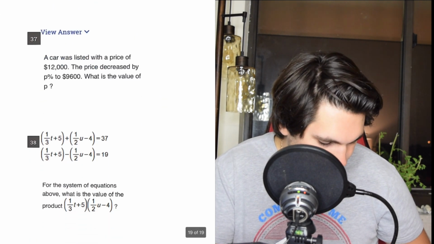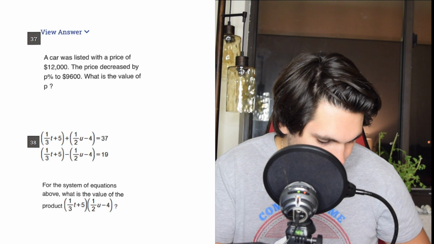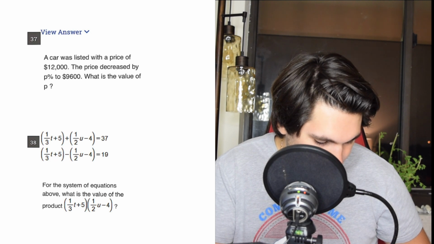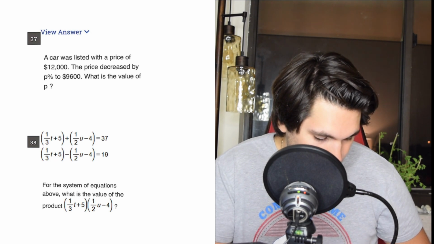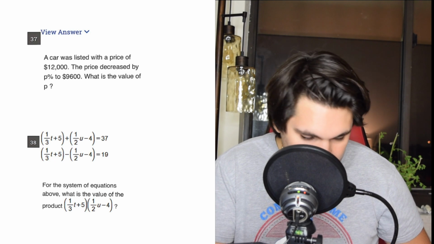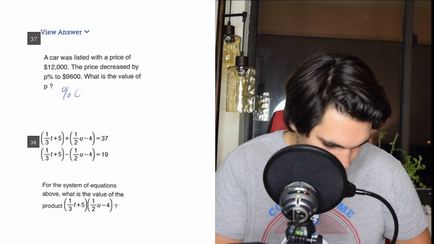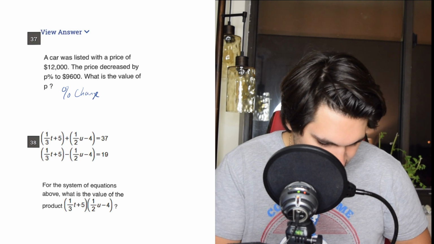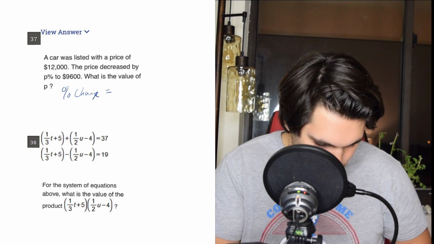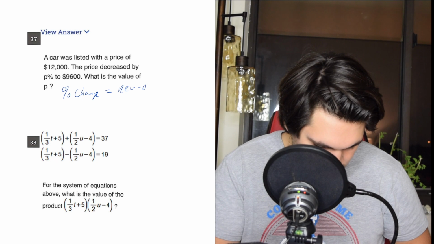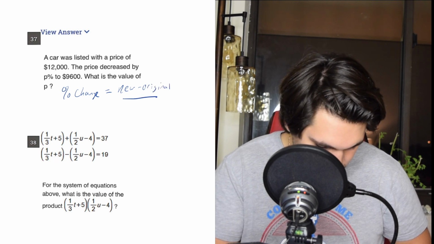And almost donezo with the rest of this. A car was listed with a price of 12,000. It was decreased by P% to 9,600. What is the value of P? Okay, so it was decreased by some percent. So percent change is simply new value minus original over original.